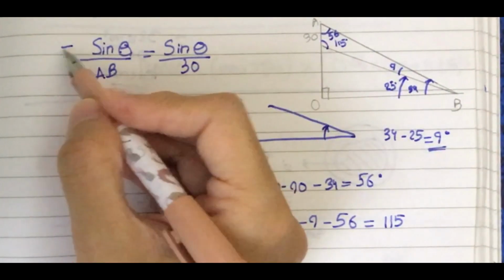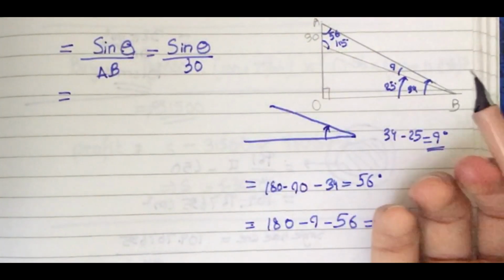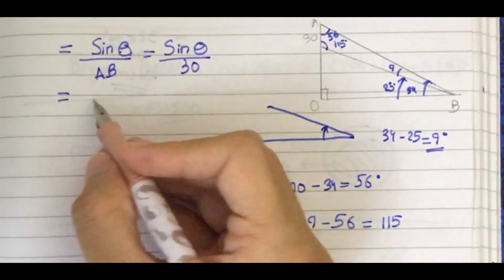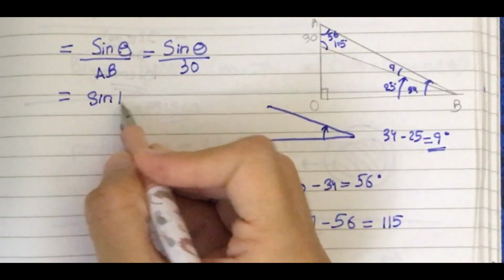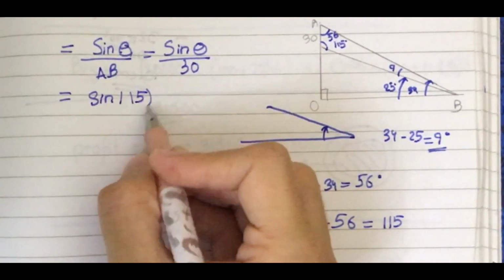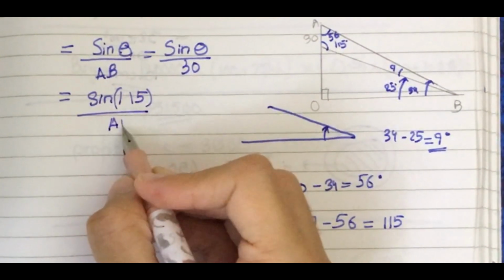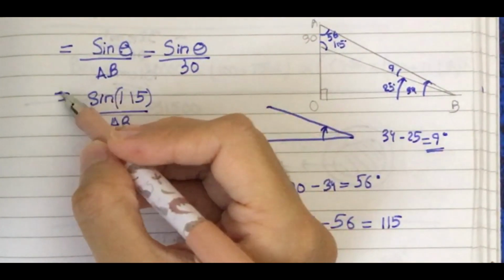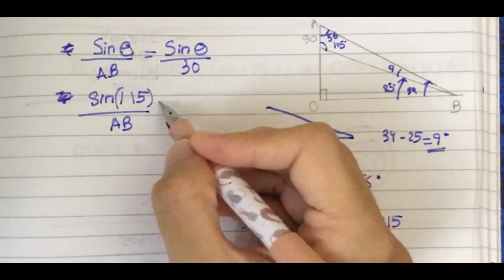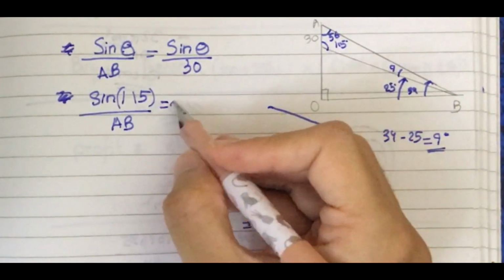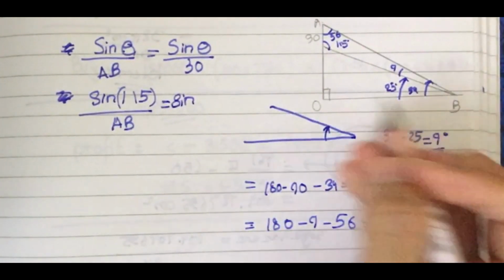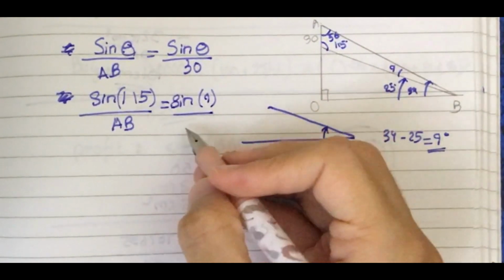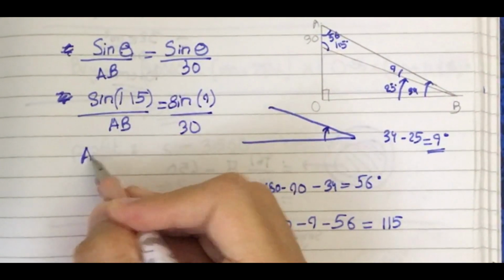So let me input the angles as well. This is the sine rule: sine 115 over AB, which I have to find, equals sine 9 over 30.